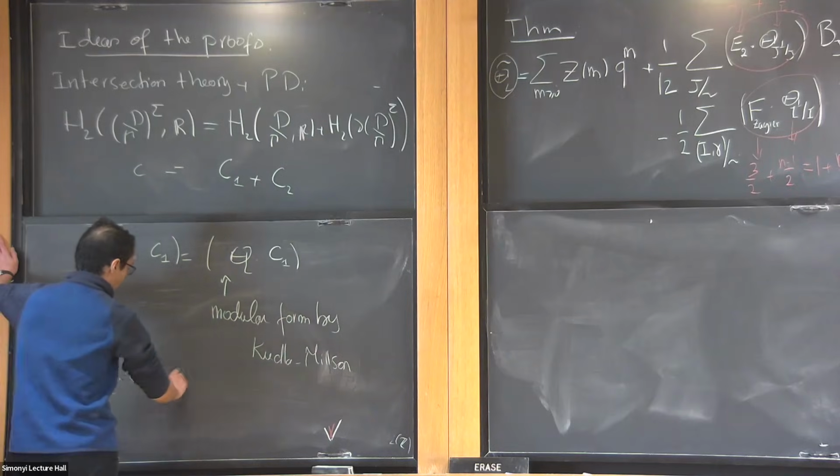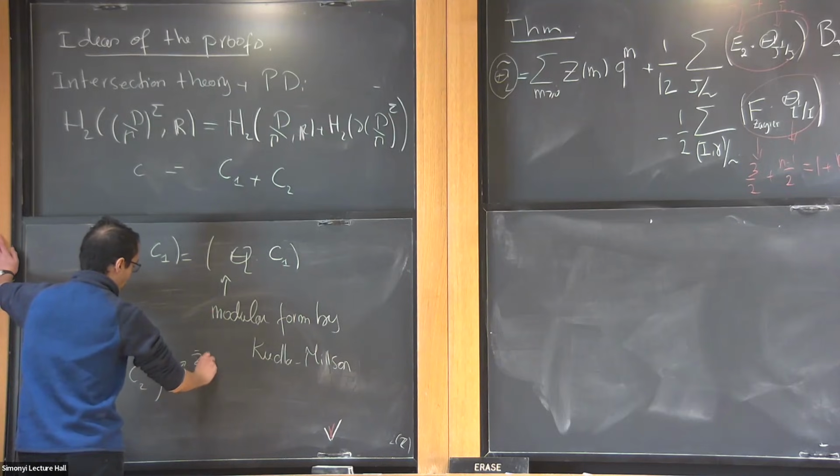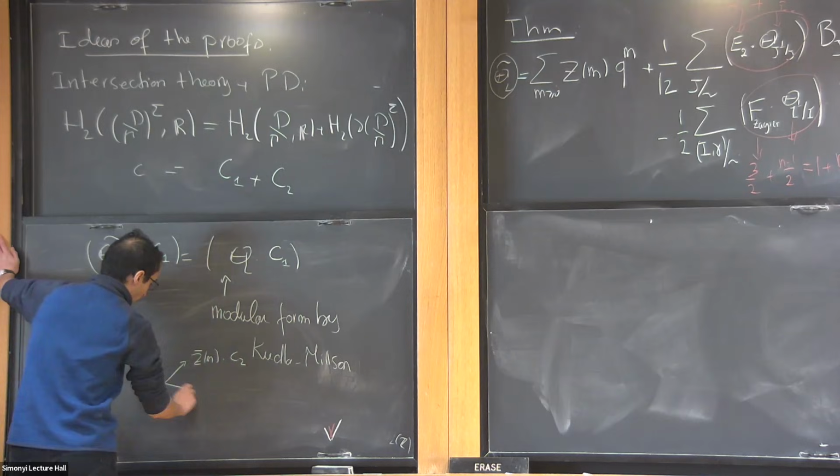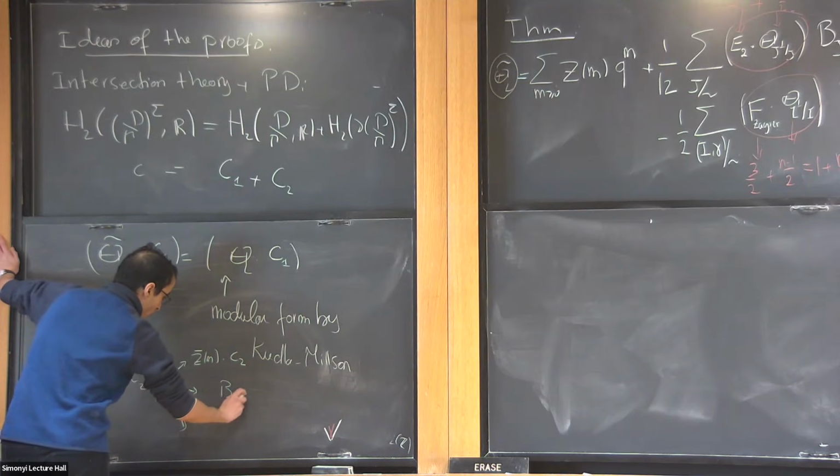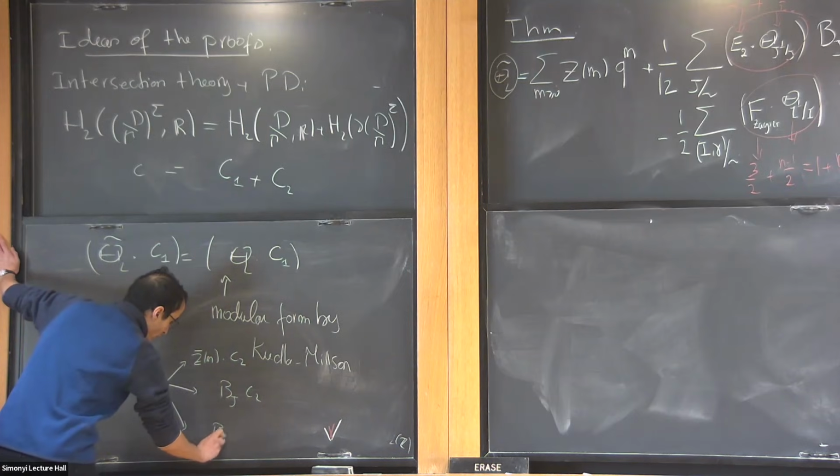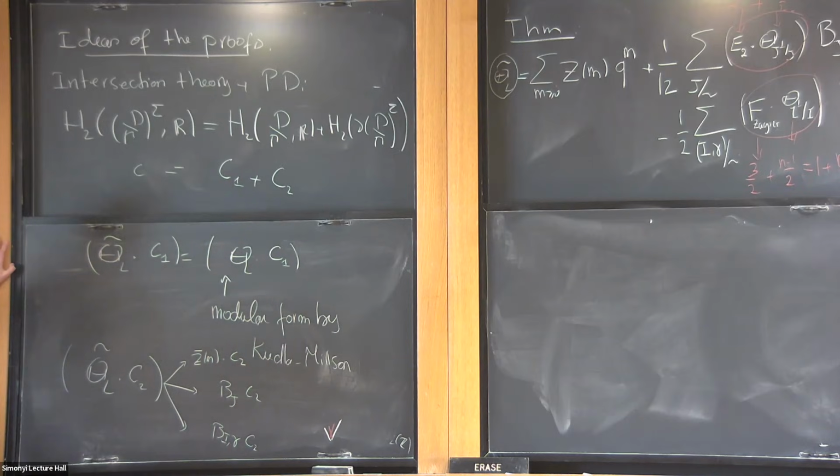There's the first, the intersection of the Zariski closure of the Z_m's with C2, and then the intersections of the B_J's with C2, and then the B_I Γ with C2. And so we have to understand what the three intersection numbers are.